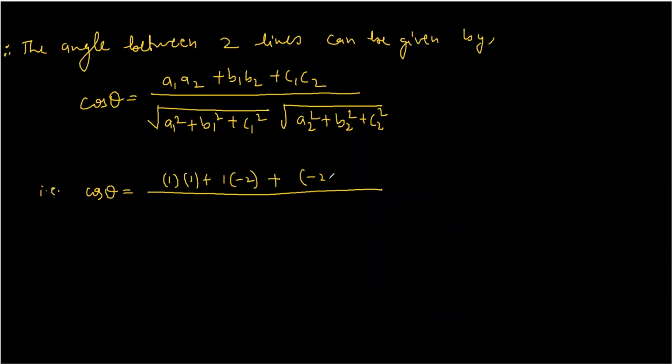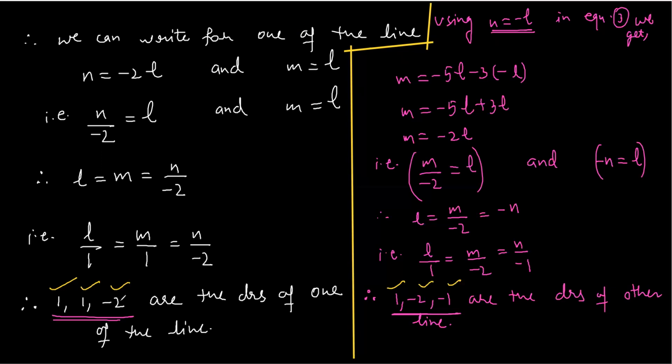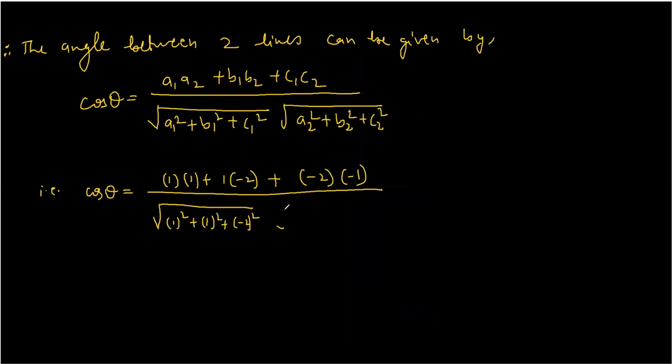So -2 into -1, and down here square root of 1 square plus 1 square plus -2 square, and here a2 square plus b2 square plus c2 square, which is 1 square plus -2 square plus -1 square.